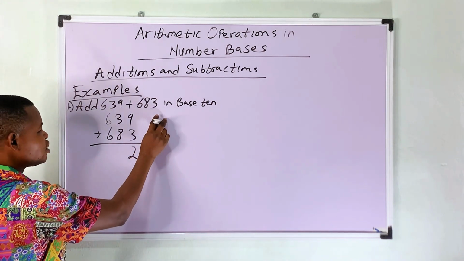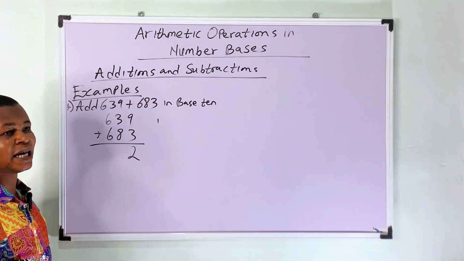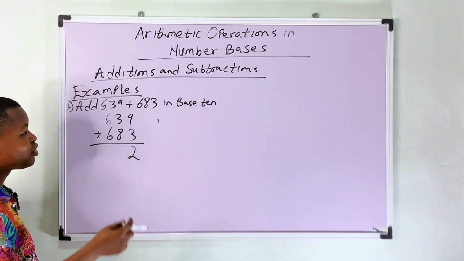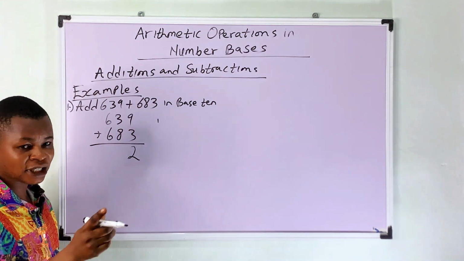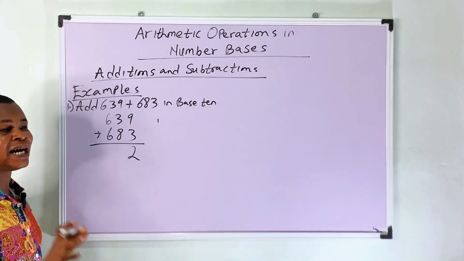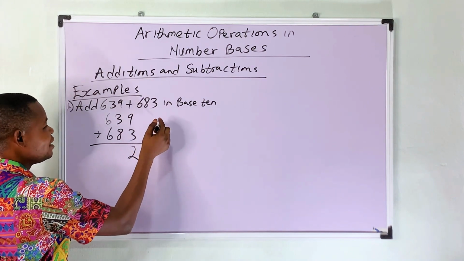What brings about this one? Many of us cannot explain. And that is the rudiment, that is the foundation of the problem we have in solving arithmetic operations in other bases. Stay tuned to this video as I'm going to explain and demystify the mystery behind this one that we keep.